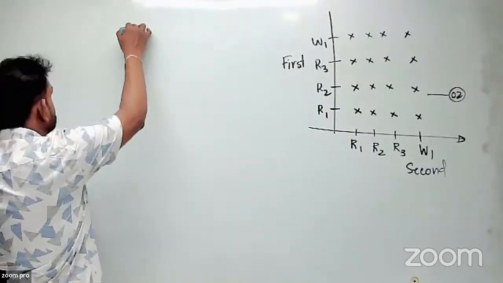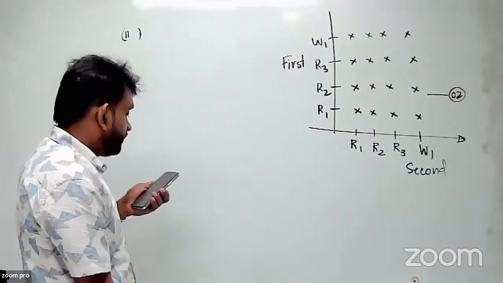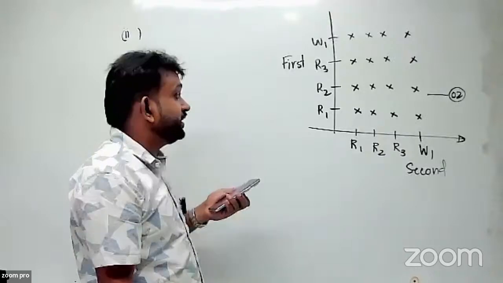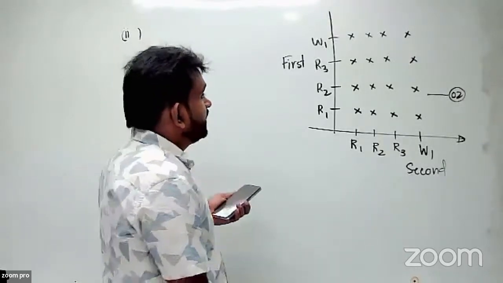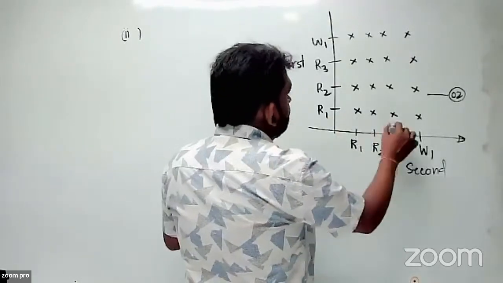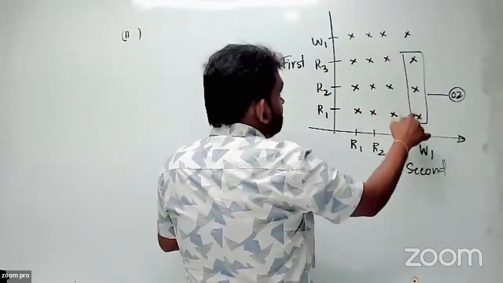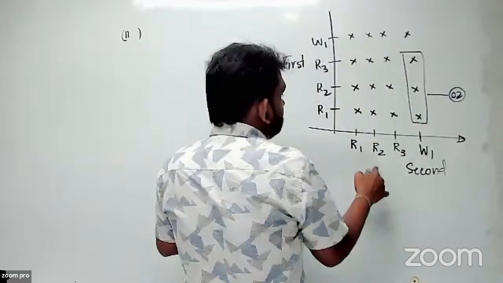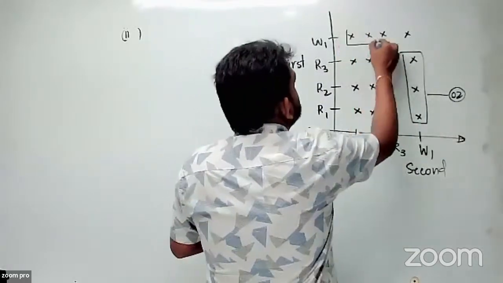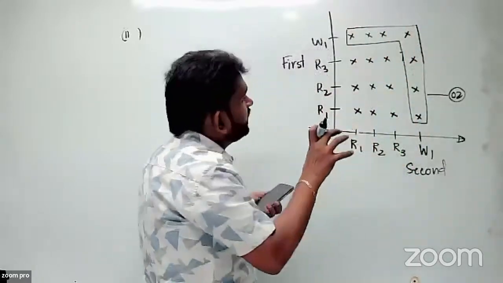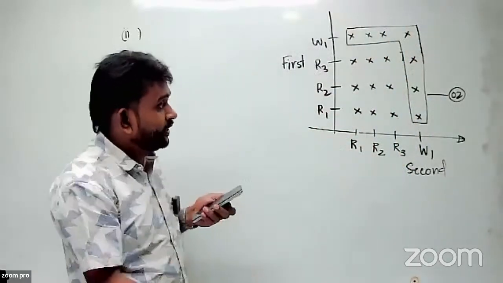So part 2: what is the probability of getting different color balls on both occasions? Encircle the event in red. Different color: if it is red, the other shall be white. So if the first is red, then white. These are the events to encircle for different colors: red, white, and white, red.